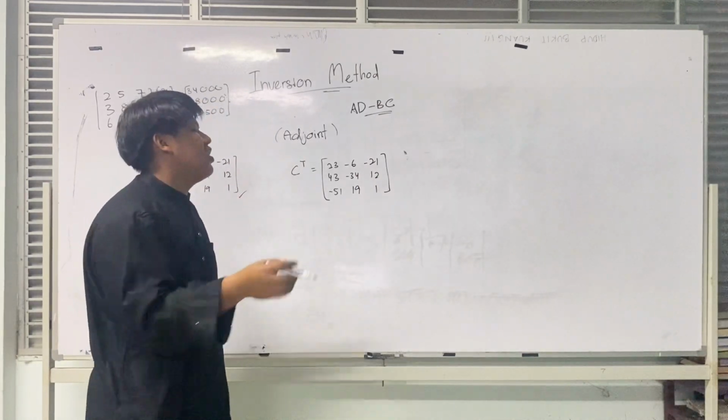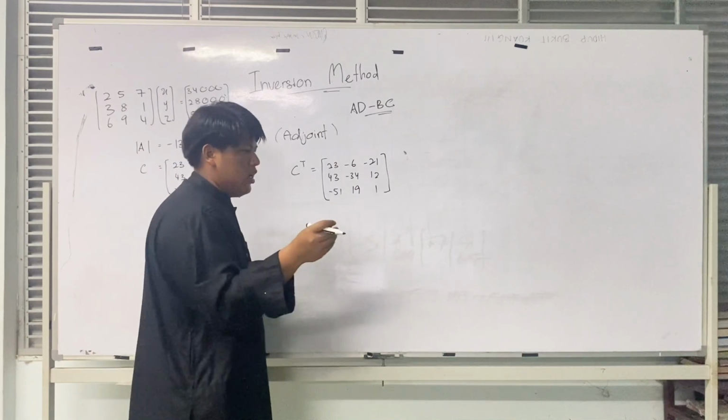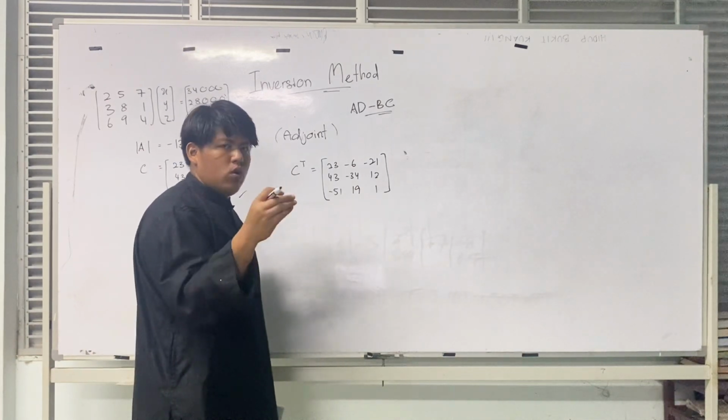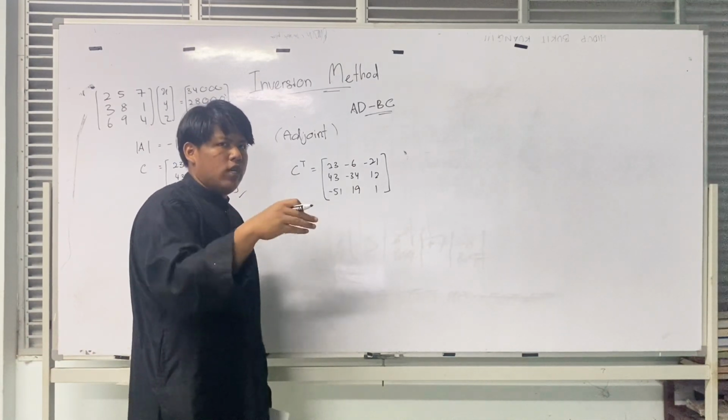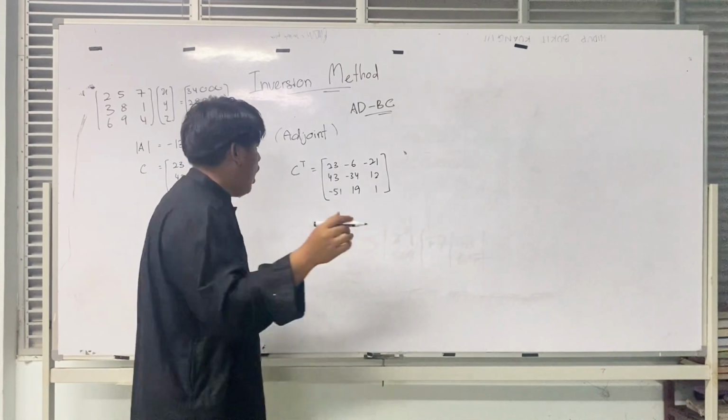So how to transpose the cofactor? Transpose means the row will be a column and the column will be a row. How?